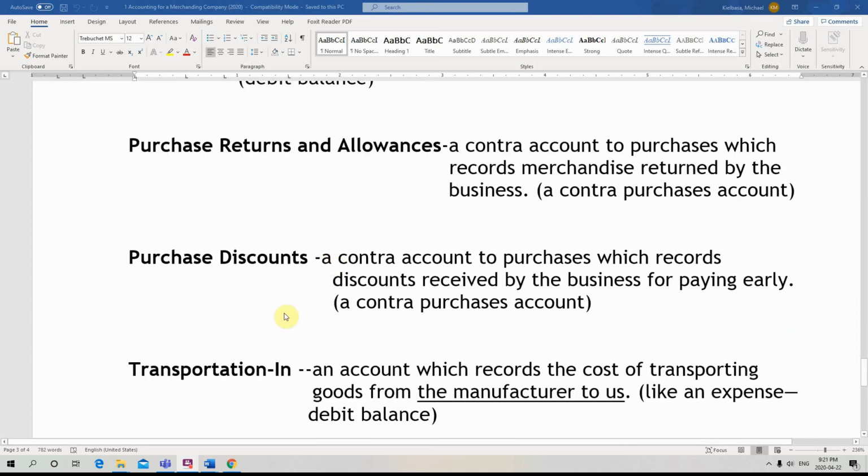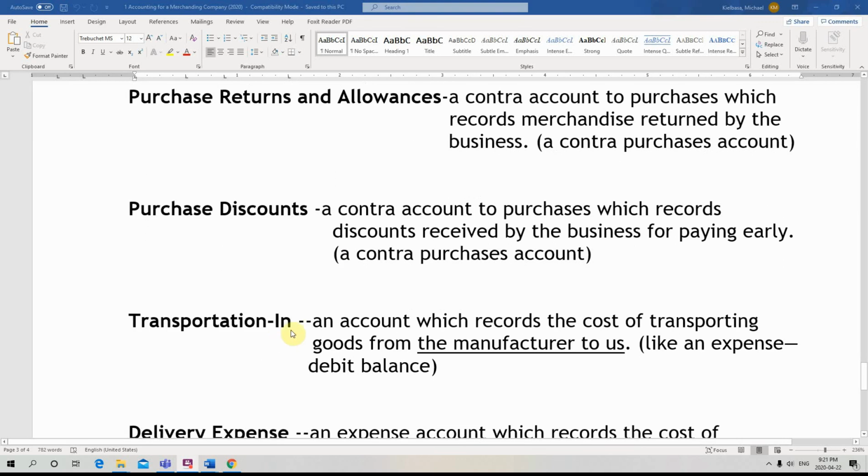Right? There's also a transportation in account, and we're going to use this when we pay for transporting goods from the manufacturer to us. It's kind of like an expense. It's going to have a debit balance. So if it's in relation to transporting goods from the manufacturer to us, transportation in will be debited.